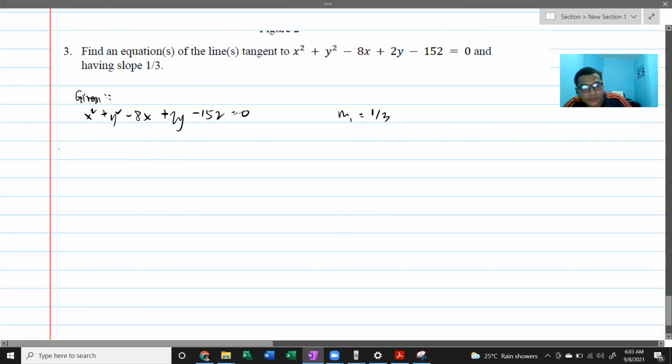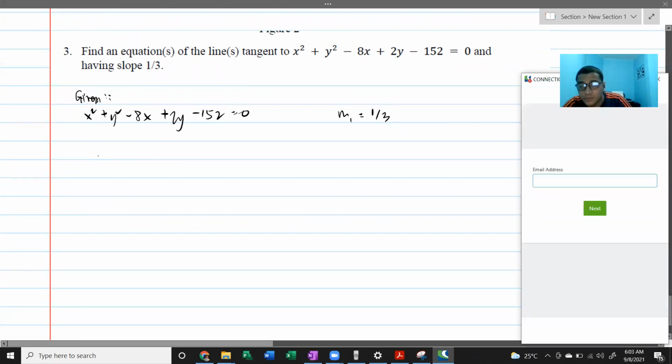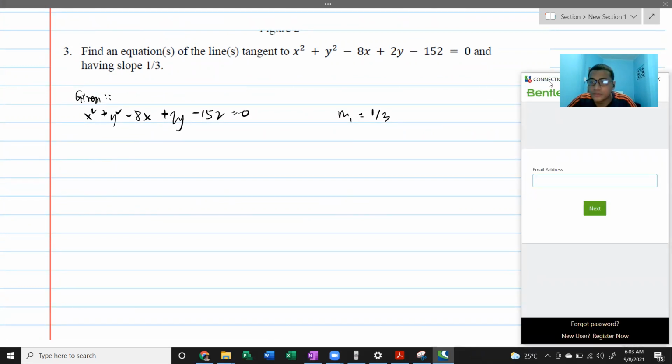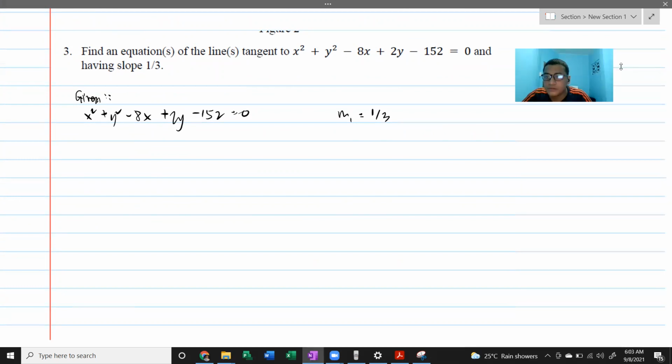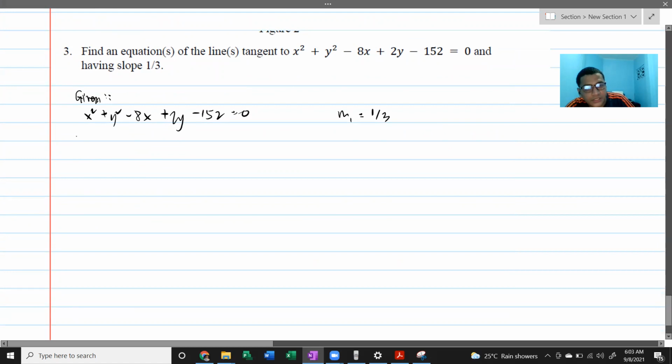Okay. So using our formula that we derived in module 1, our d here is -8. Our e is 2. And our f is -152. Okay. Now our h is equal to -1/2 d.